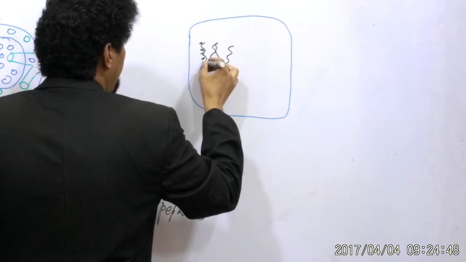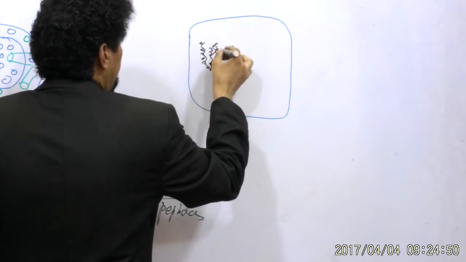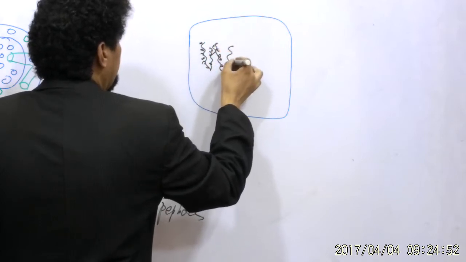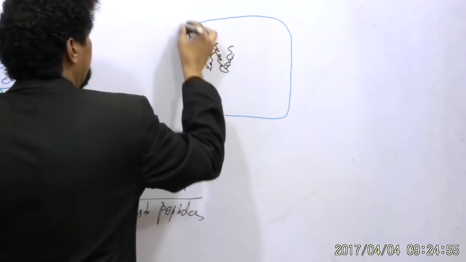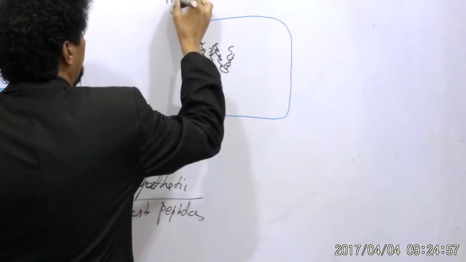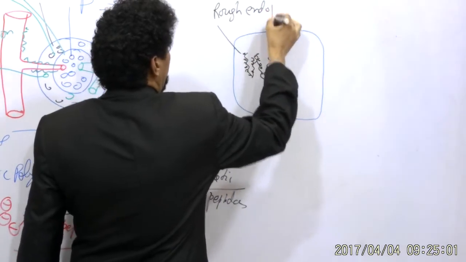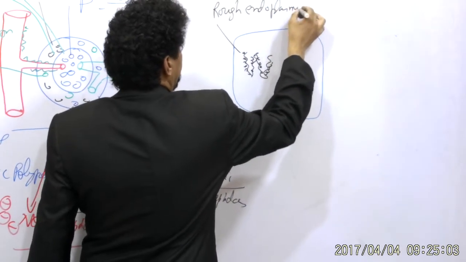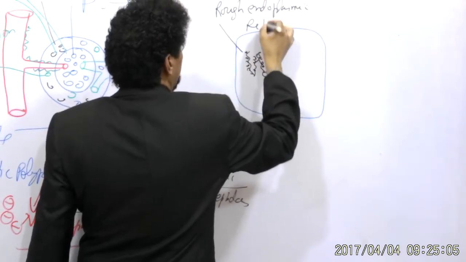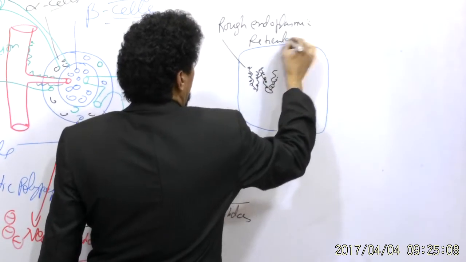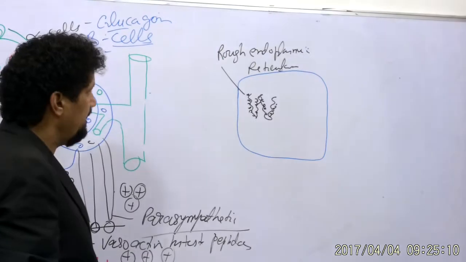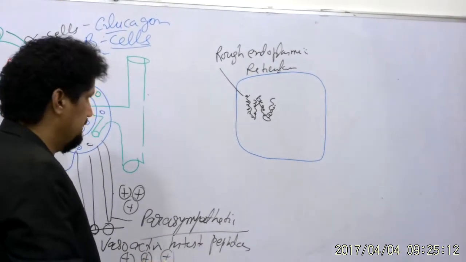It is beaded, with ribosomes, so it is rough endoplasmic reticulum, and it is secreting preproinsulin.